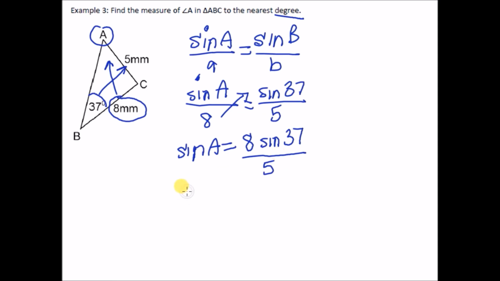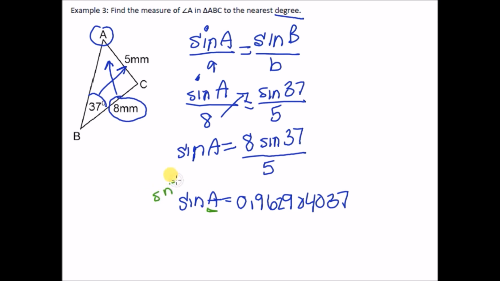And we get sine A equals 0.96290437. And I kept all of the decimals there. The reason is because right now we're going to inverse sine both sides. We can't divide both sides by sine because we want to get A by itself.